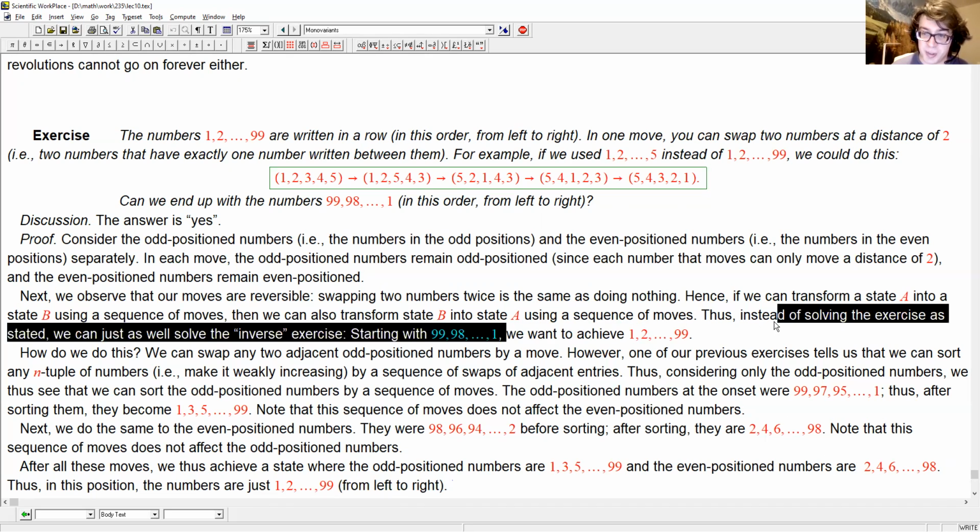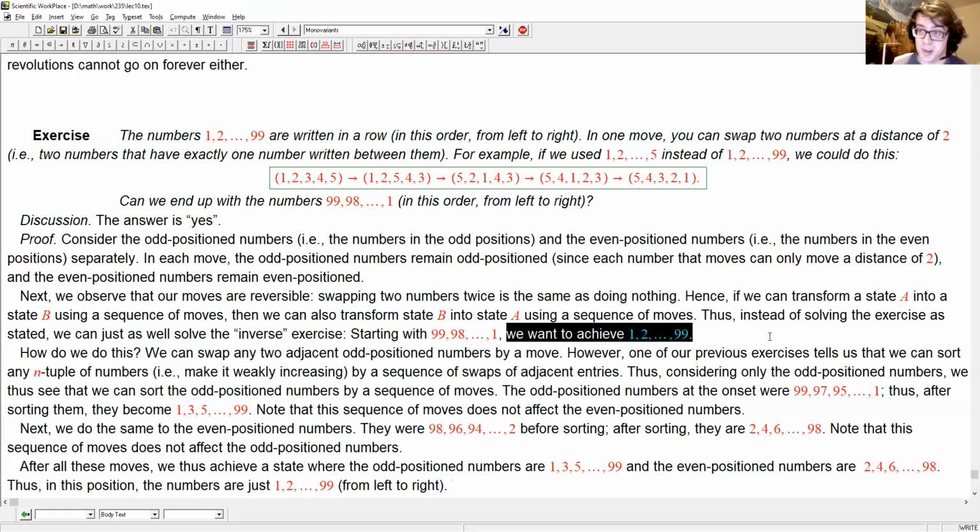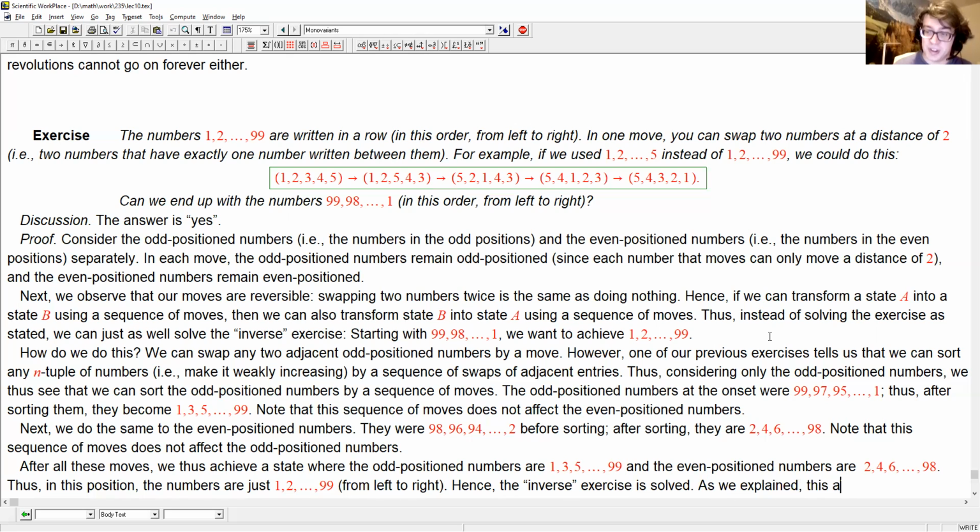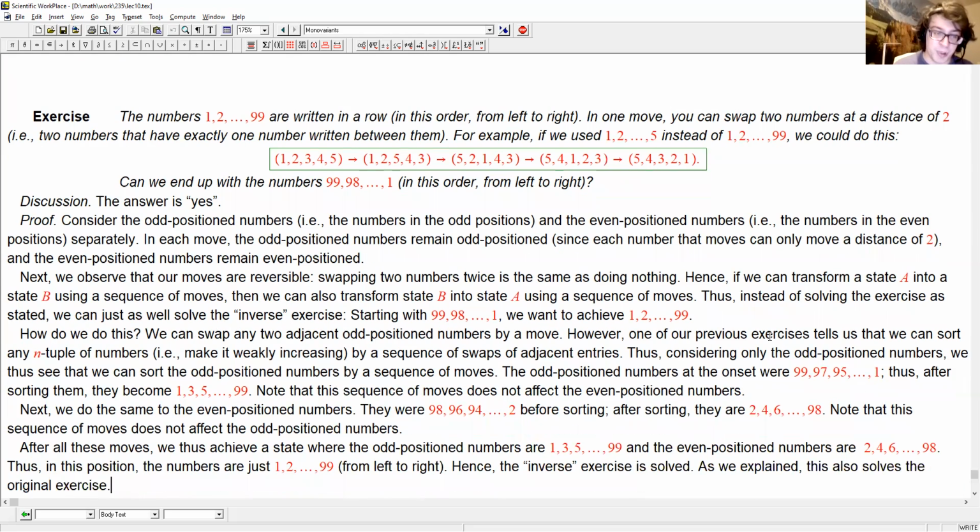And this is exactly the position that we wanted to achieve in this inverse problem. So the inverse exercise is thus solved. And as we already explained, this also solves the original exercise because the inverse exercise is equivalent to the original exercise.